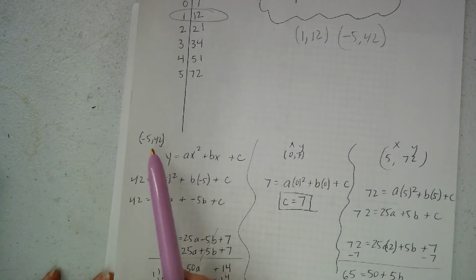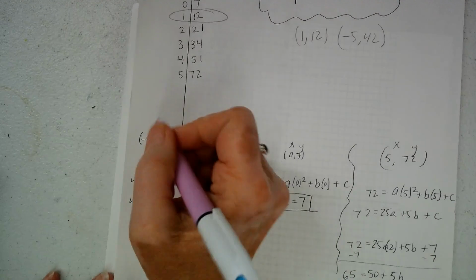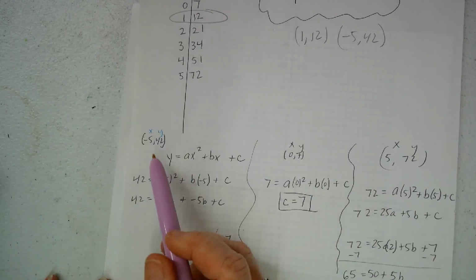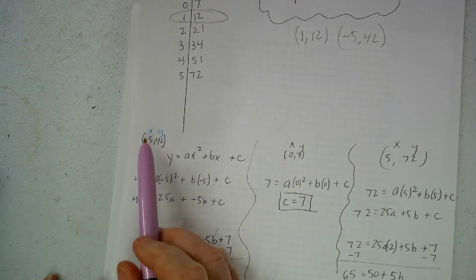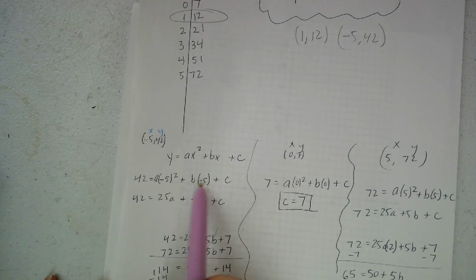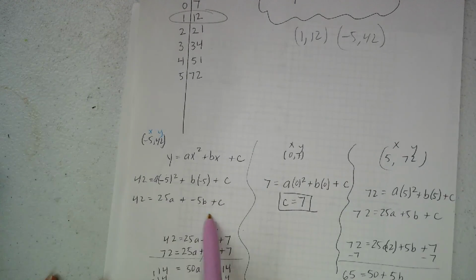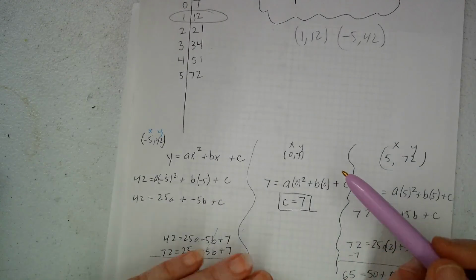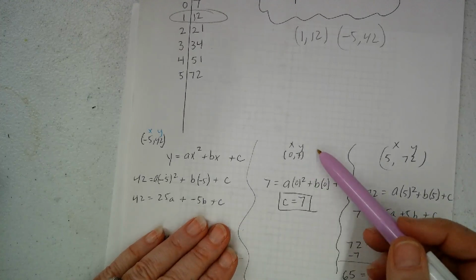So what you do is you take an ordered pair, and you plug in the y for y and the x for x, and you boil it down, and then before you do anything else, you go to the next one.